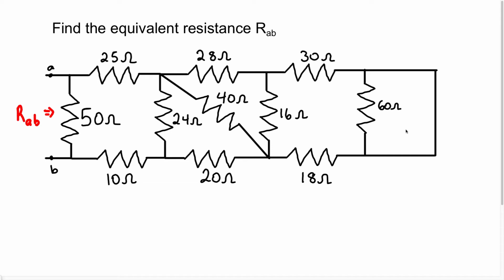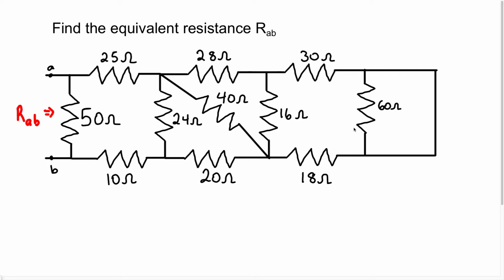Now, when we look at this side of the circuit, I want us to notice something. We have a resistor here, and in this branch, we don't have any resistor. So you have two options, right? The first option is you can say, well, if there isn't any resistor here, that means no current is going to flow in this resistor because current is always going to take the path of least resistance.